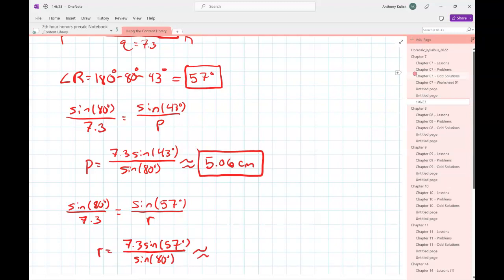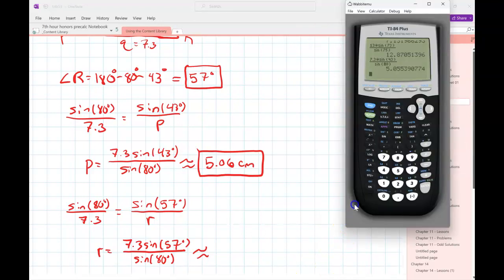There's nothing wrong with using the rounded number, but I just prefer not to if I don't have to. So what do I got here? 6.22.